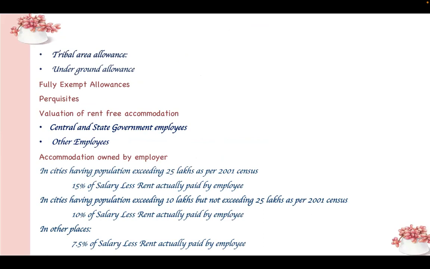If the accommodation is owned by the employer, and the population exceeds 25 lakh as per the 2001 census, 50% of the salary minus the actual rent received from the employee. If the population is between 25 lakhs and 10 lakhs, 10% of the salary has to be taken. And in other places, 7.5% of the salary has to be taken.